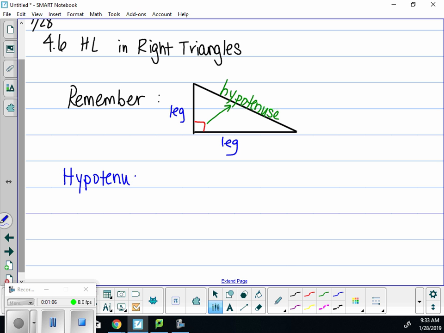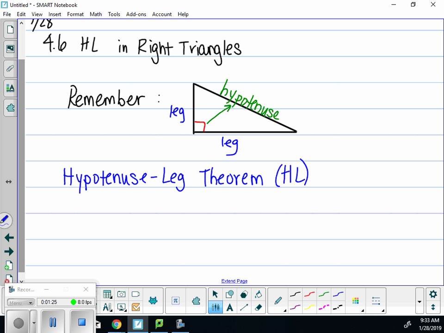The hypotenuse leg theorem. Shortcut or abbreviation is HL.